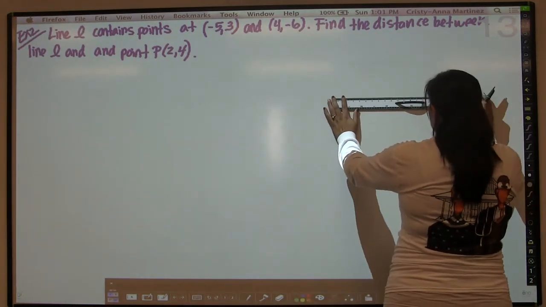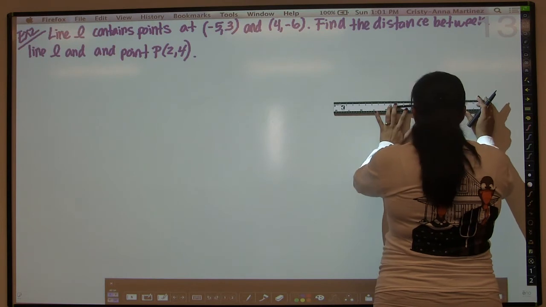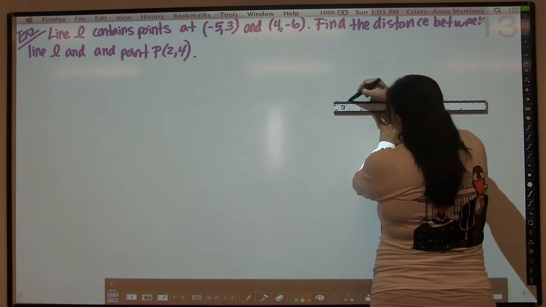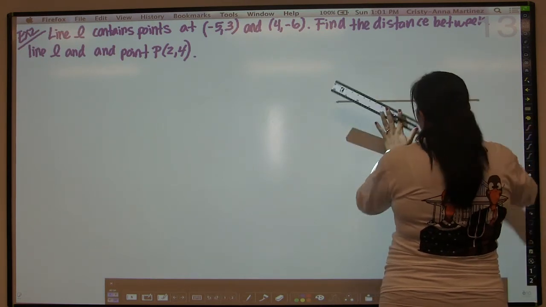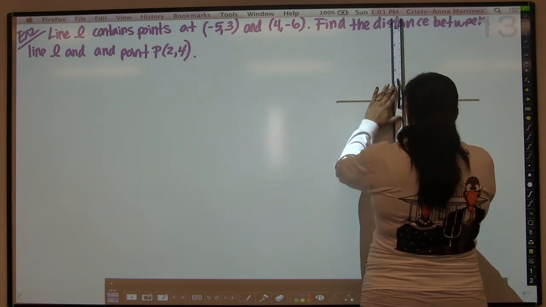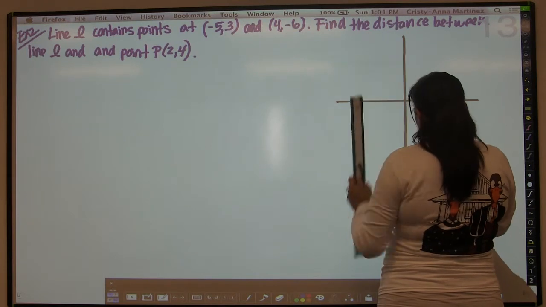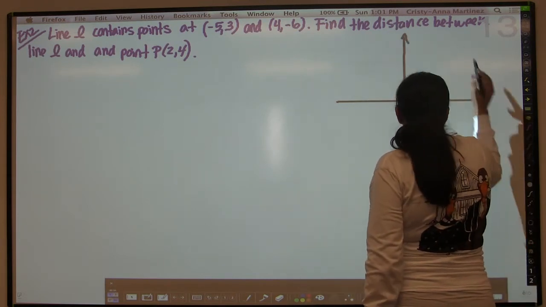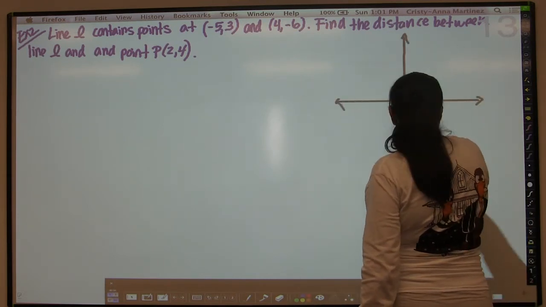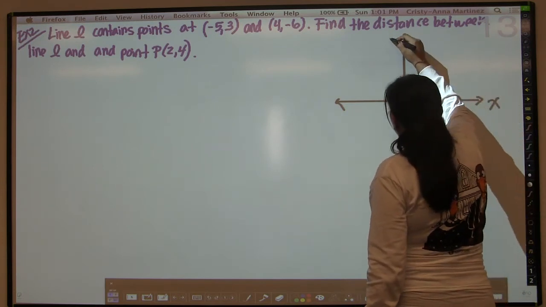So let me just kind of draw this out for you. Now, it doesn't ask you to graph anything, but I do think that at least for this first example, it might be helpful if I draw out what exactly the scenario is, so you can see why all the steps that are being taken are being taken. It is quite a doozy of a problem.